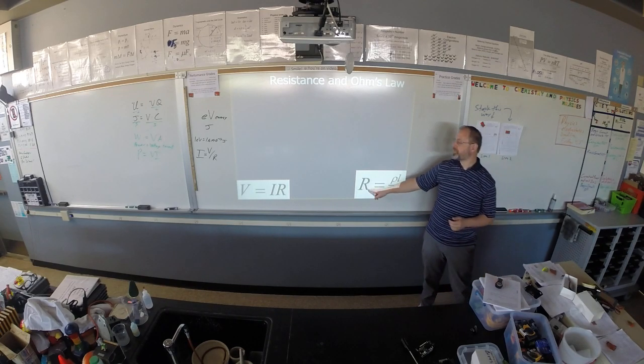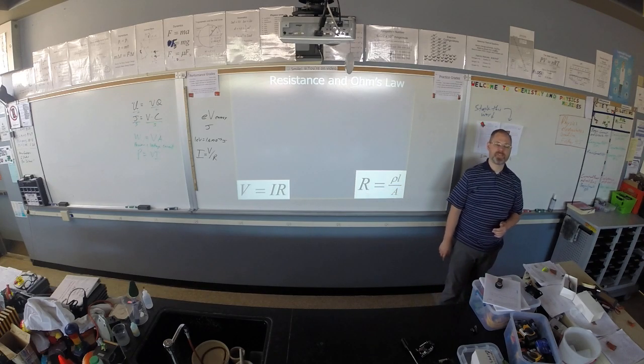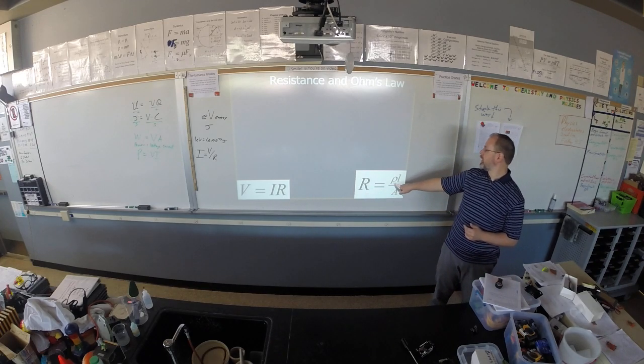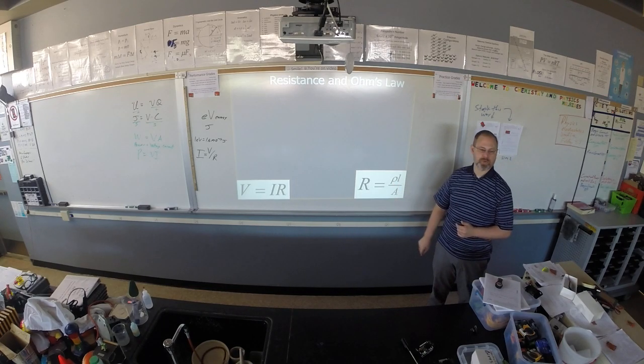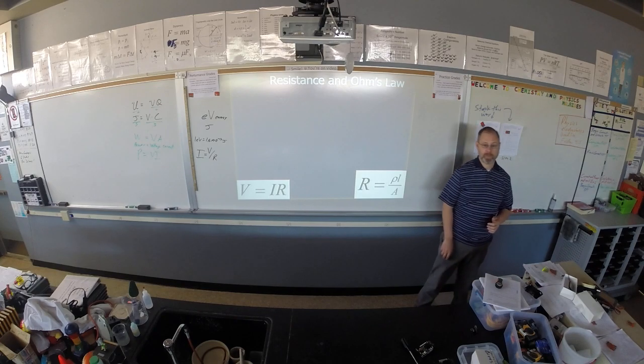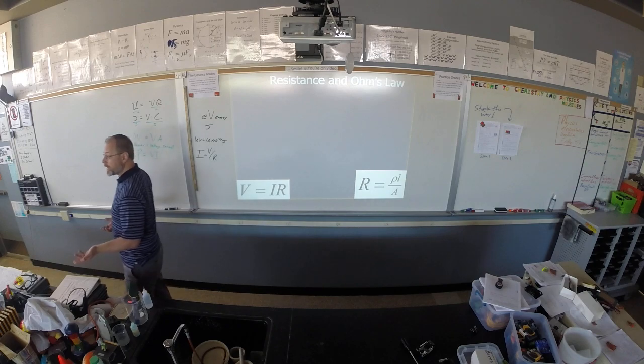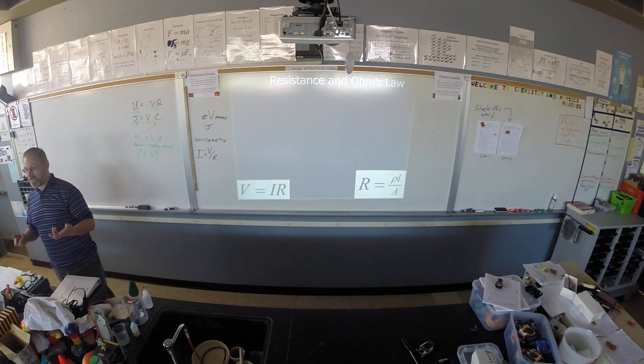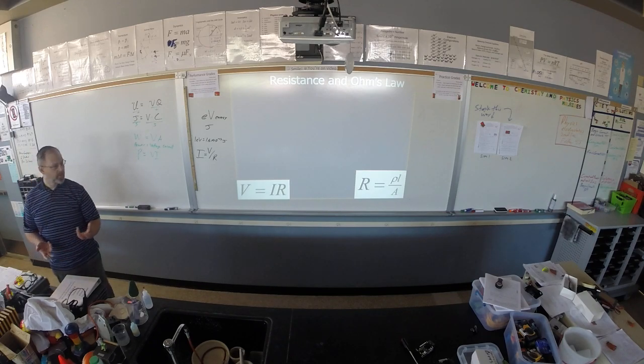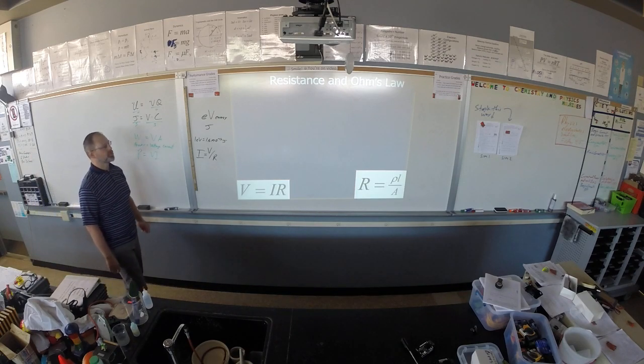So this is the resistance of a wire, and the resistance of a wire is a function of its resistivity, basically how good of a metal it is, and its length, and inversely proportional with its area. Seriously, it's called its resistivity, a resistance factor, and its length, and inversely proportional with its area.